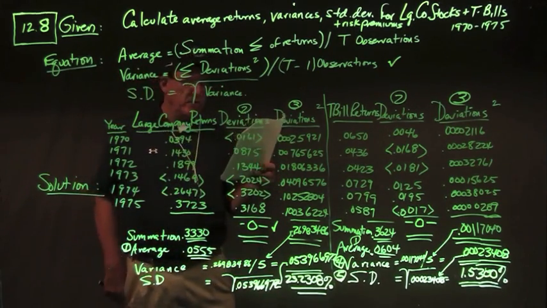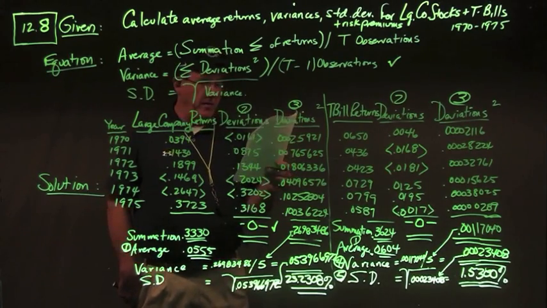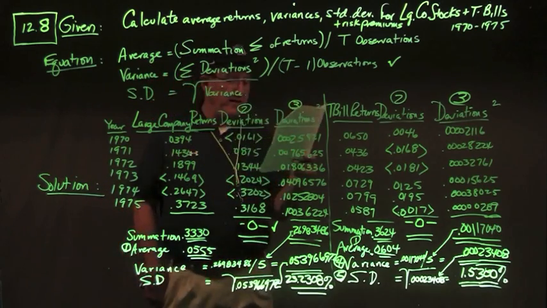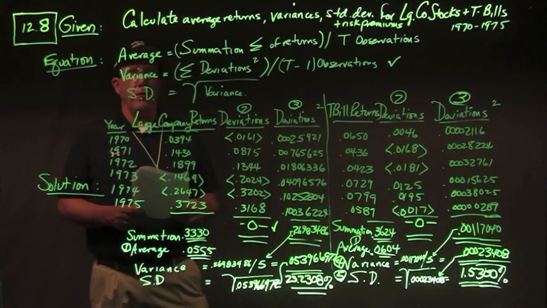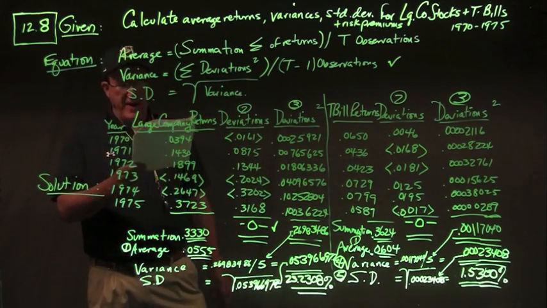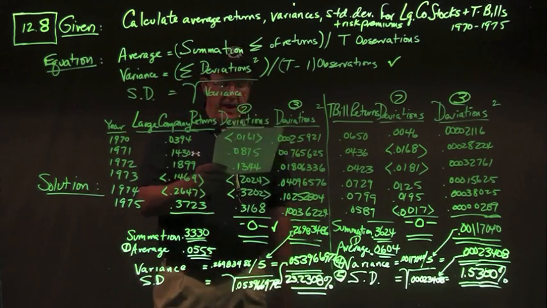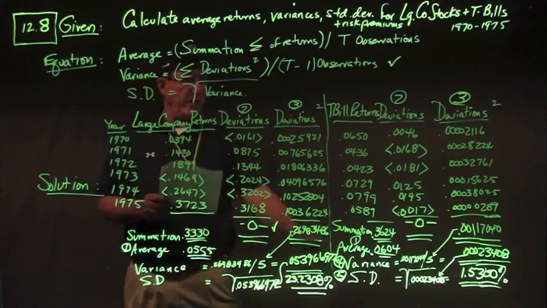A couple other answers. Is it possible to have a negative risk premium before an investment is undertaken? The answer is no, it's not possible, because investors demand compensation for high risk. And then finally, can I have a negative risk premium after an investment? Yes, that is a possibility. The risk-free rate is very high.